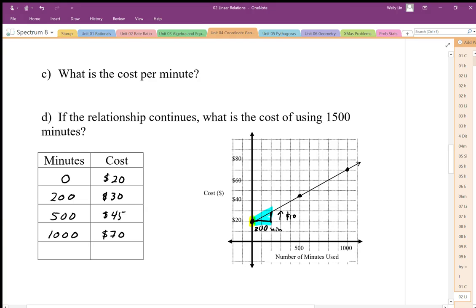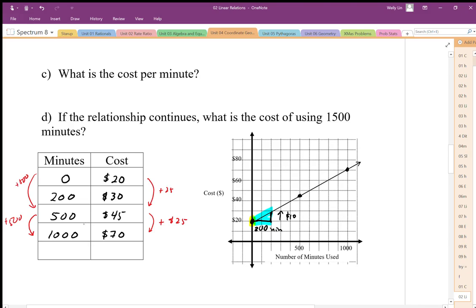But what we can do is this. We know it's going up 500 minutes here, and it went up $25. That's consistent because we see that here as well: plus $25, plus 500 minutes. This is actually a constant ratio, a consistent ratio, 500 to 25. So this is where our proportion is going to show up now.